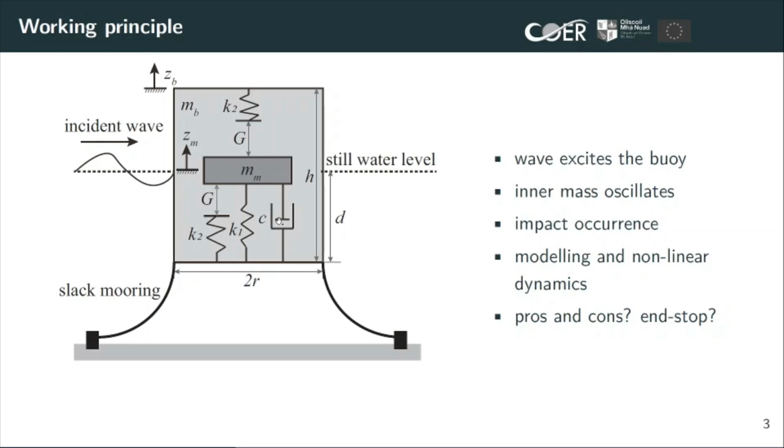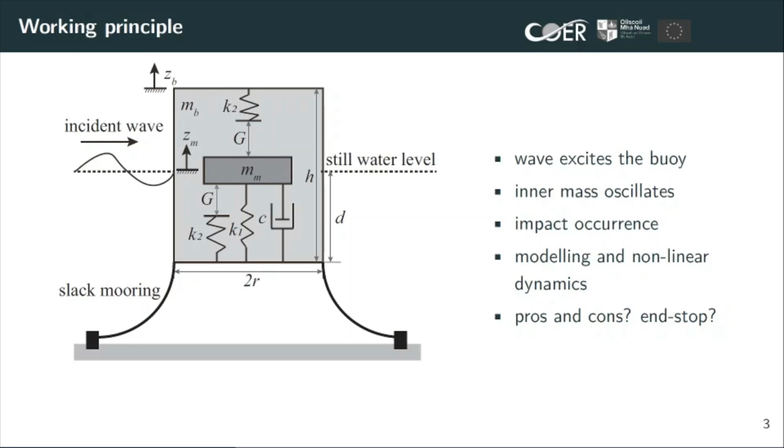The key mechanism in this system is that there are upper and lower impact springs attached to the top and floor of the buoy. When the relative displacement exceeds the upper or lower gap G, these two springs provide an impact mechanism to the system.